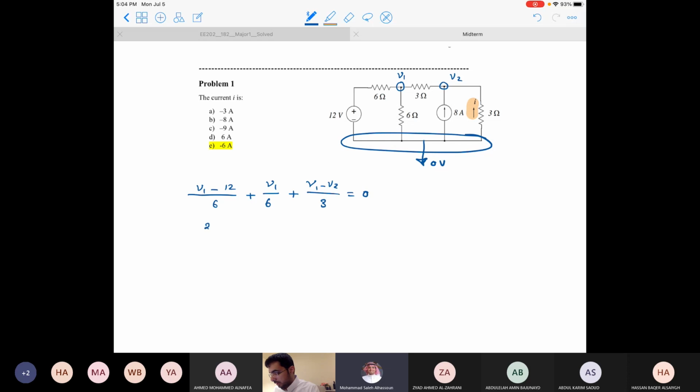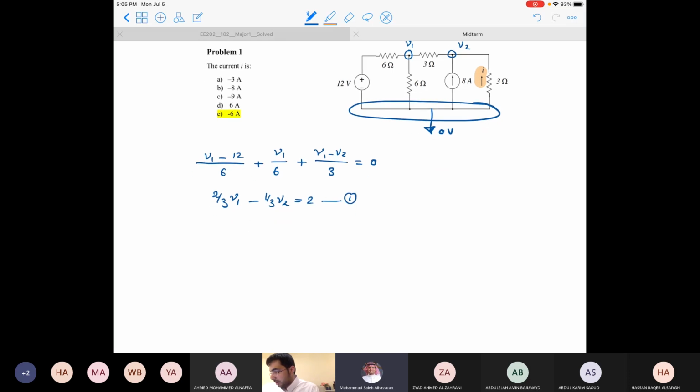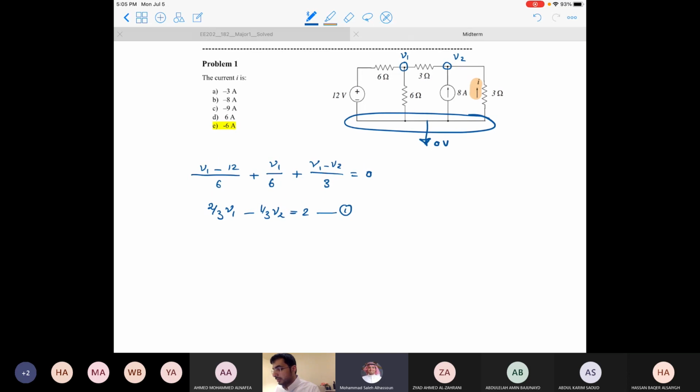I can simplify it to get 2/3 V1 minus 1/3 V2 equals 2. So this is the first equation. Since I have two unknowns, two node voltages, I have two equations with two unknowns. I don't have any dependent source, so I don't have any constraint equation.